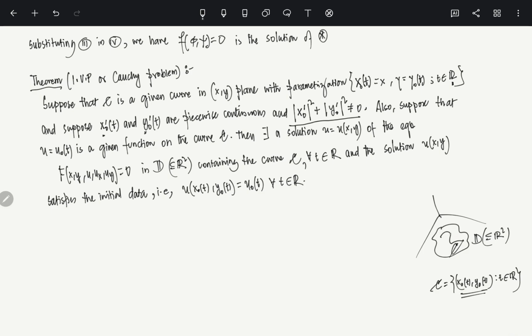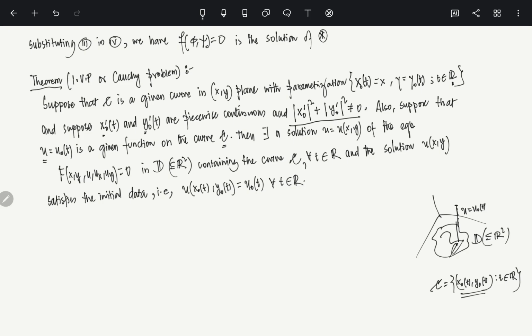Okay, so essentially what is happening is, now you see what they are saying is, and you also suppose that there is a solution u, okay, on the curve C. Yeah. So basically given the curve C, there is a u which is u naught of t. Okay, right.